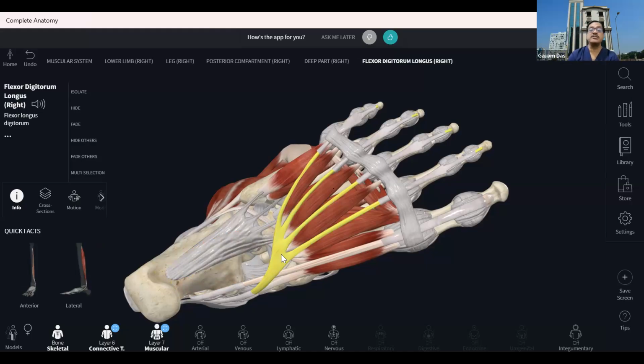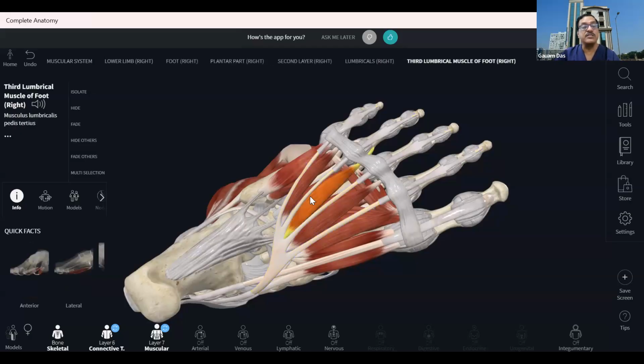Flexor digitorum longus is coming through the ankle. We have already learned that: Tom, Dick, Harry, anterior to posterior. After the tibialis posterior comes the flexor digitorum longus. Like in the palm, where we understood there are lumbricals, here also we have lumbrical muscles.